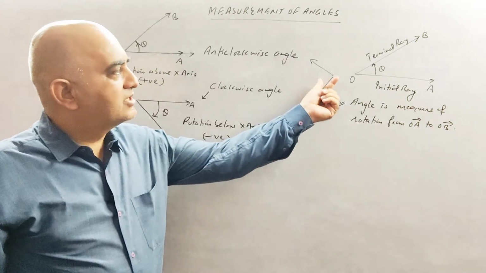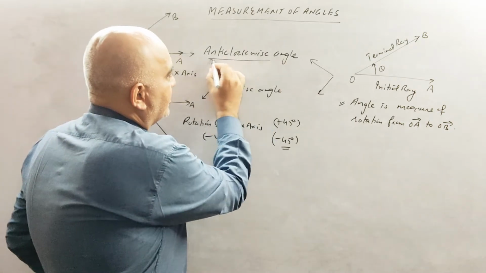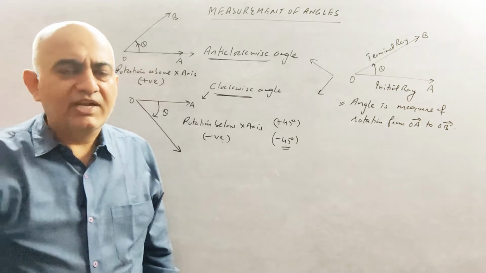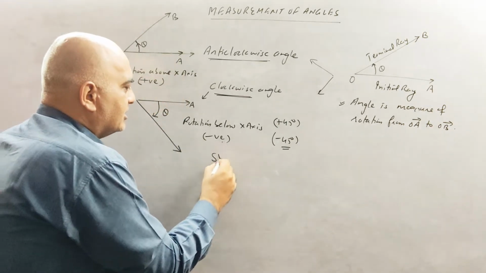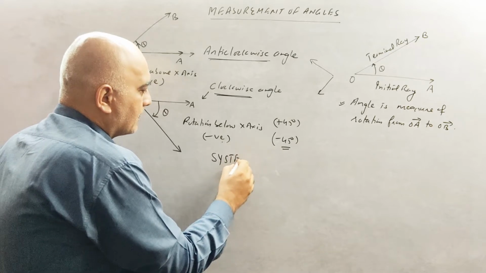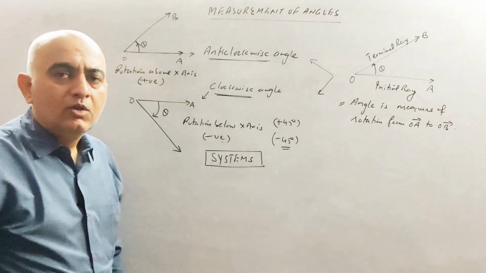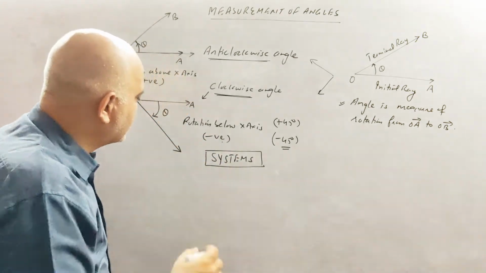So the angle measure can be expressed in two ways: either in the anti-clockwise sense or the clockwise sense. That is the measure of the angle, and we can measure these angles by three systems. What are the three systems?